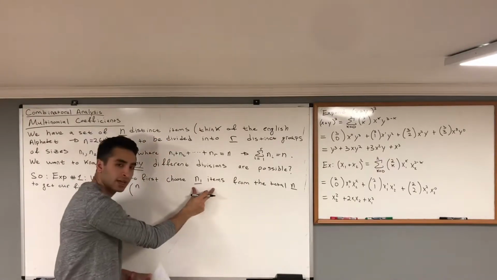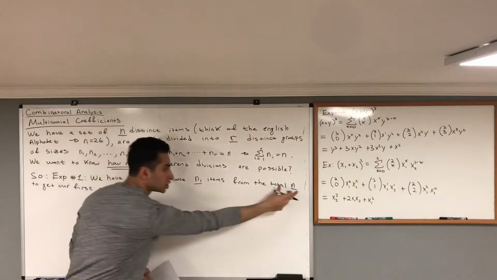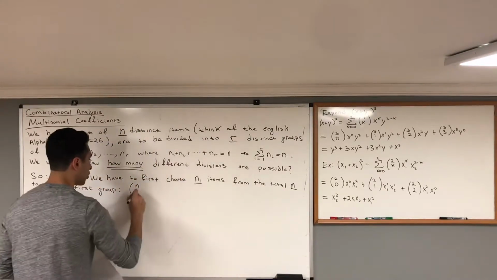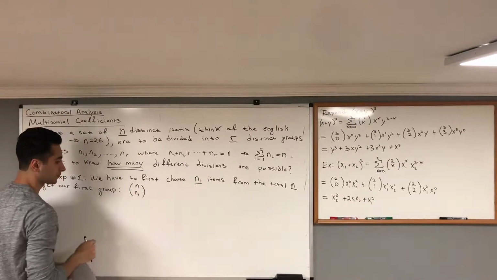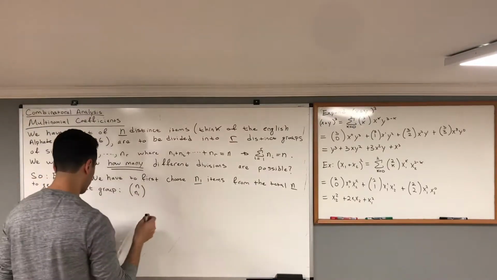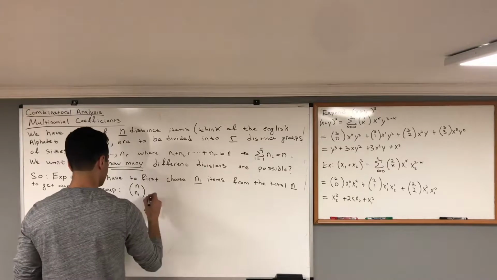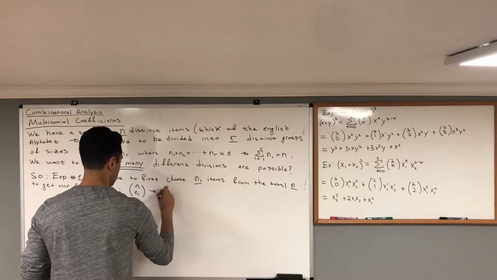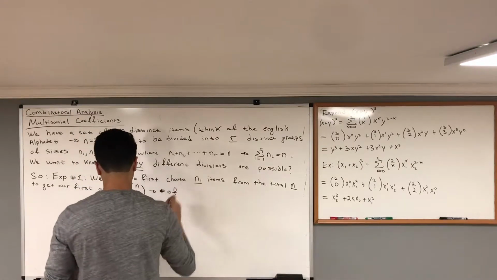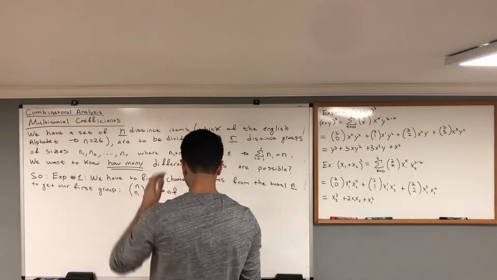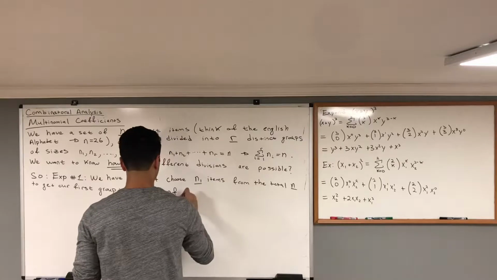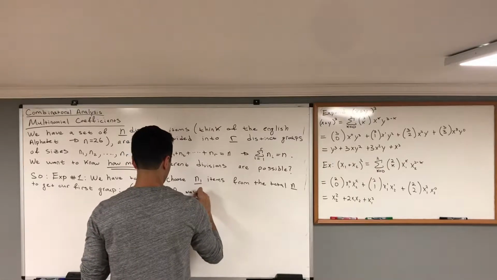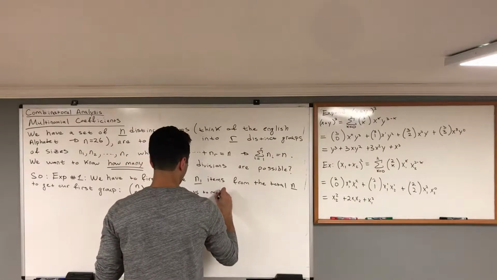So this inherently has to be either less or equal to the total. So n1 goes on the bottom. You're choosing n1 from n. That's how many possible ways there are. This is the number of ways you could make your first group.